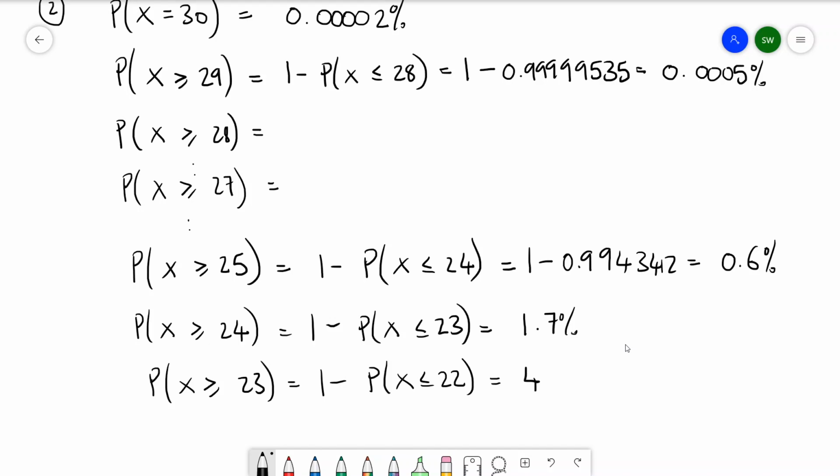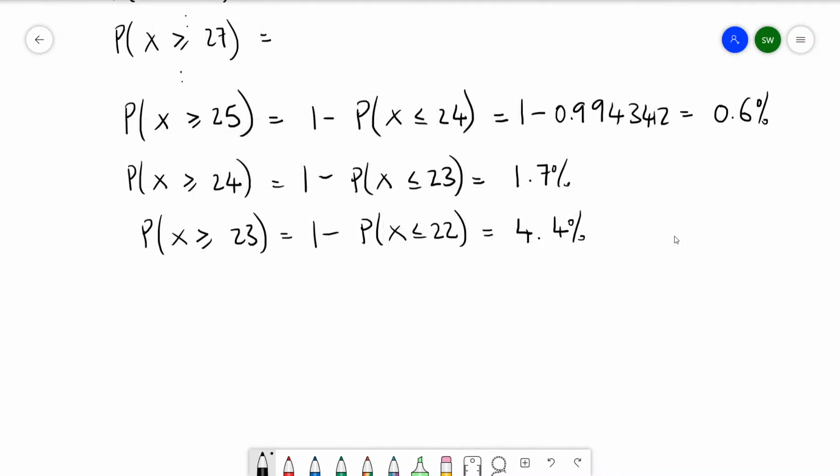And that's 4.4%. So it looks like the next jump, so if we do x is greater than or equal to 22, then this probability is more than our significance level, more than 5%.